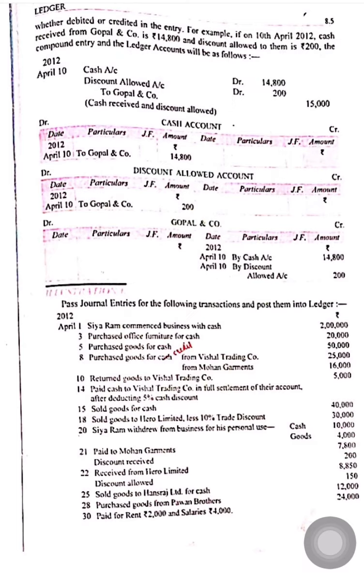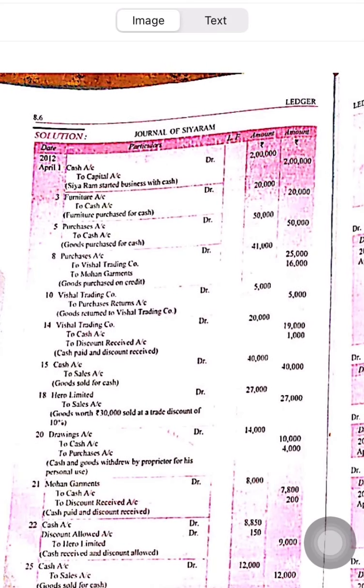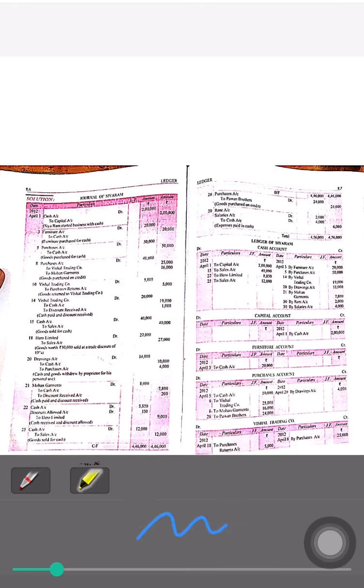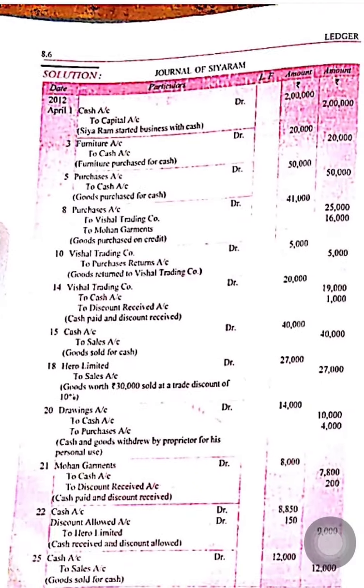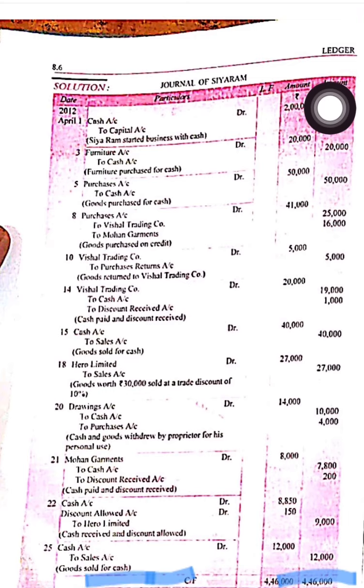After doing the general entry, let me show you. Like the general entry which I have shown, after completing all the general entries, if one page is filled, we will do the total and write balance c/f, meaning carried forward.